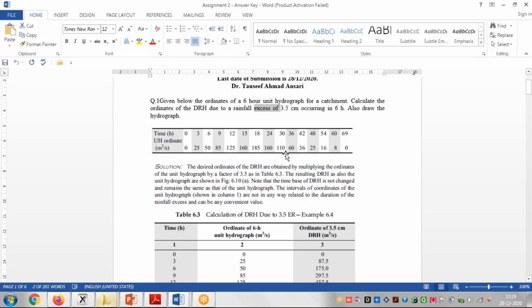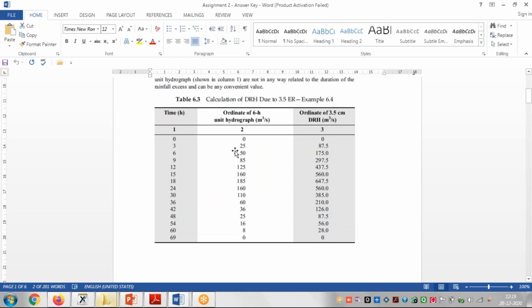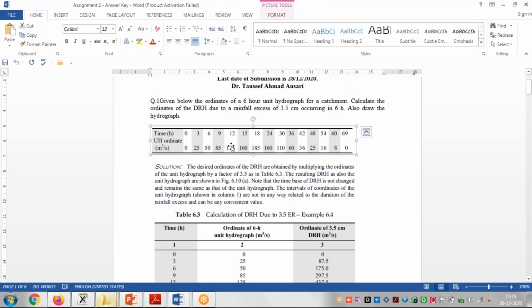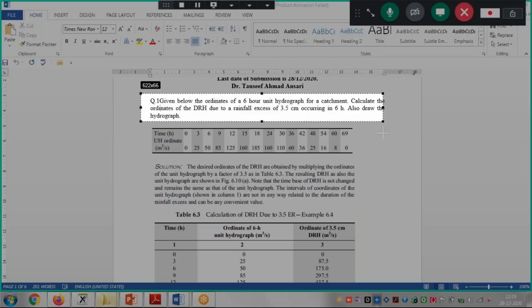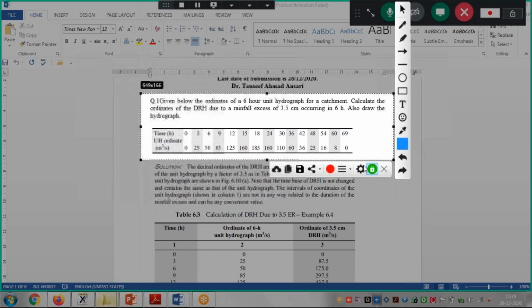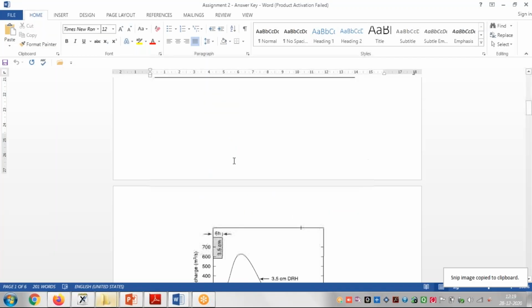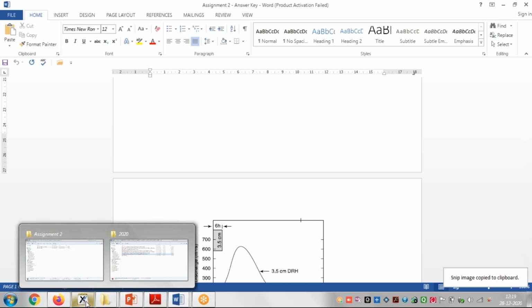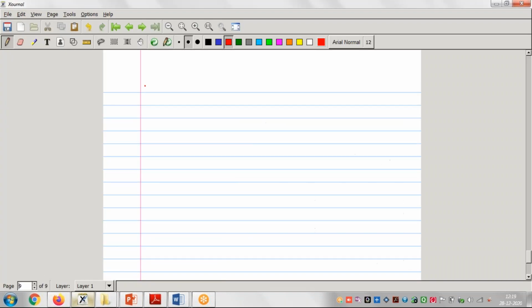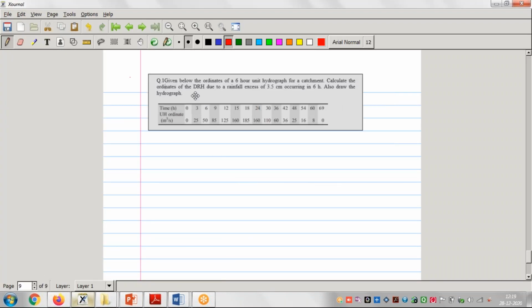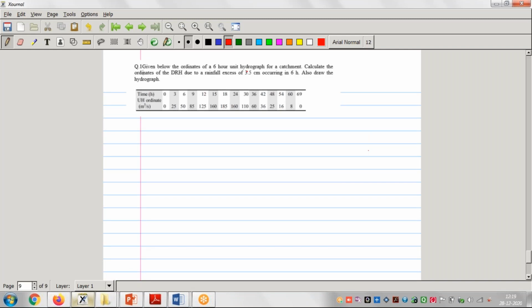I will take this whole question here. You should understand the difference between the hydrograph, direct hydrograph and flood hydrograph, because it is very important.